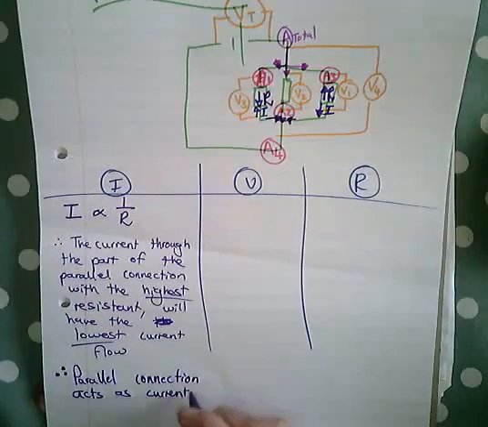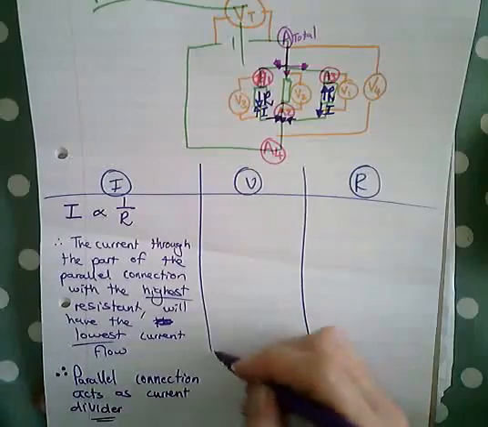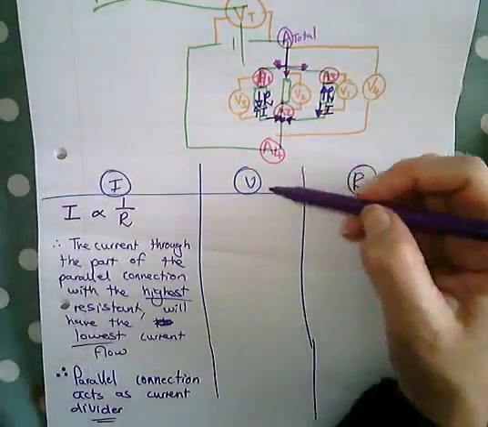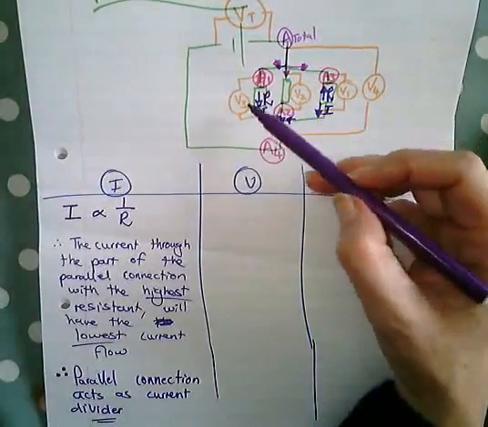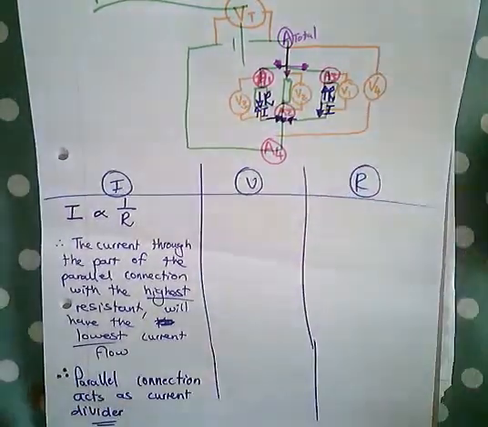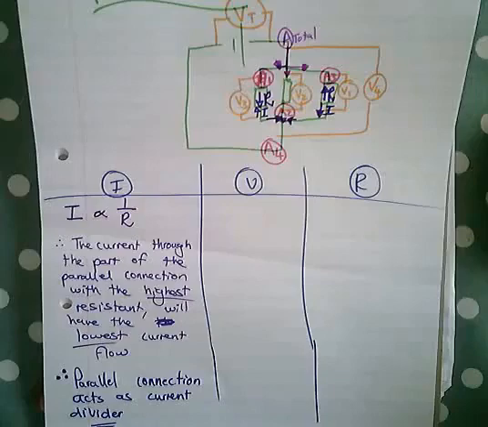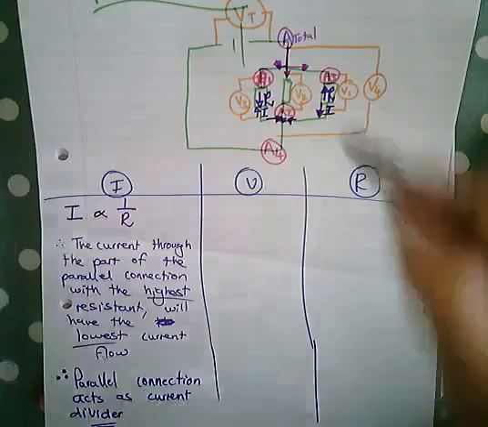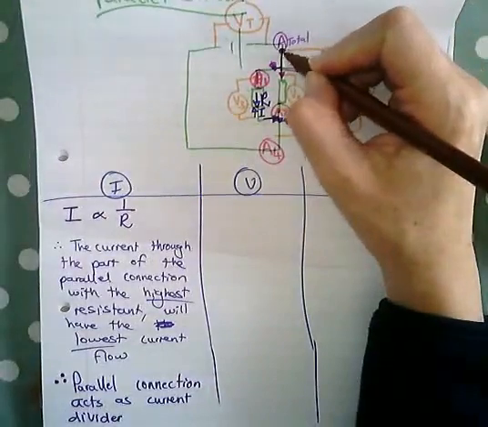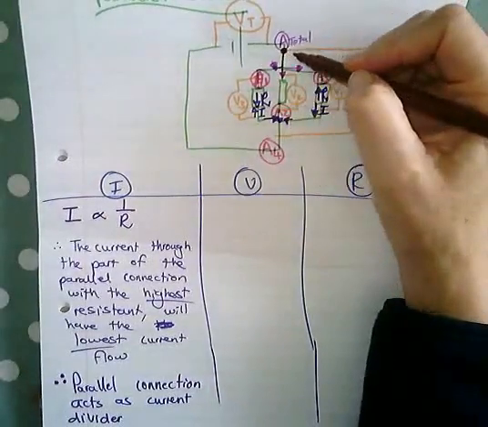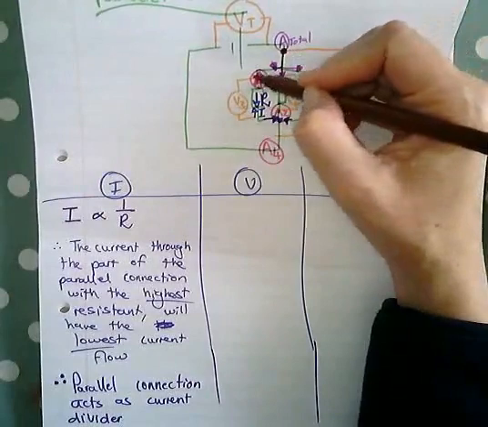Right. Now, potential difference. Remember that potential difference means the difference in the potential available for energy transfer. Now, the amount of energy available here is the same as the amount of energy available there and there and there. Why?